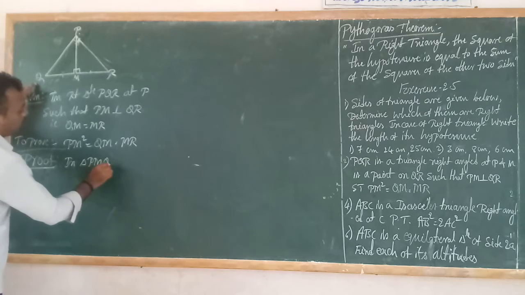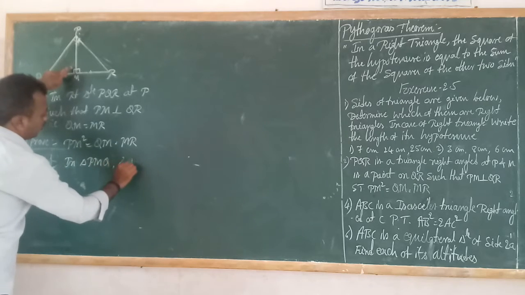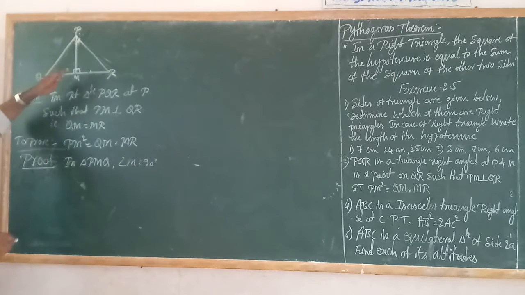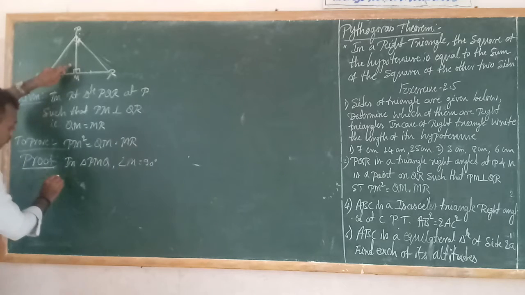In triangle PMQ, angle M is 90 degrees, correct? Since PMQ is a right triangle, we use the Pythagoras theorem.